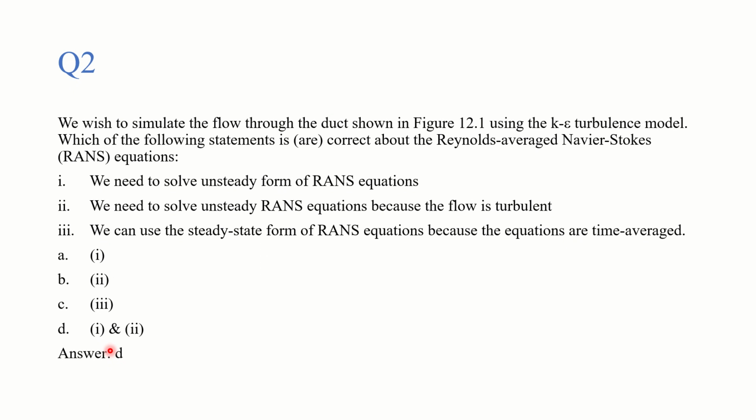So basically we can see that it is the unsteady form of the equations, not the steady state form. We need to solve the unsteady form of the Reynolds averaged equations because the flow is turbulent. We are using the K epsilon turbulence model, so obviously the flow is turbulent, and also the velocity is varying with time as given in the problem statement.